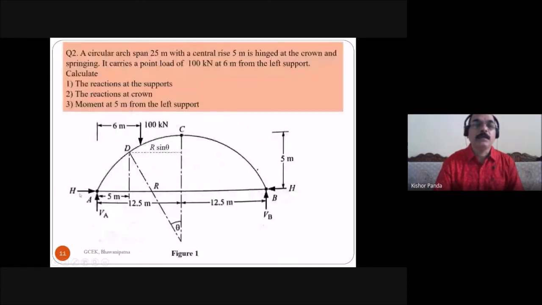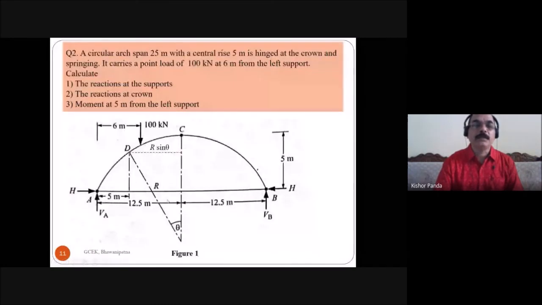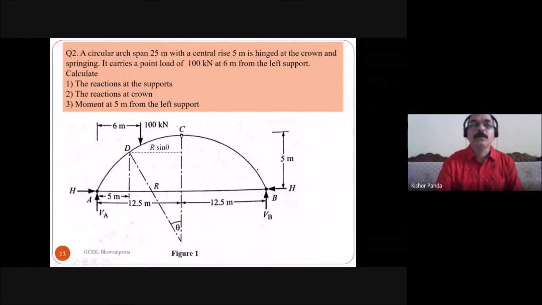Then we get the horizontal reaction by taking the moment at the crown equal to 0. MC is equal to 0. Take the right side of hinge C. Either you take the left side or the right side. On the right side of C there is VB in the vertical direction and H in the horizontal direction.